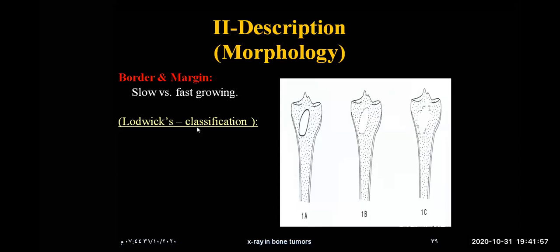Again, Ludwig classifies this into 3 types. It is not very important to know the names. Sclerotic horizon, this is hazy, and this is ill-defined.